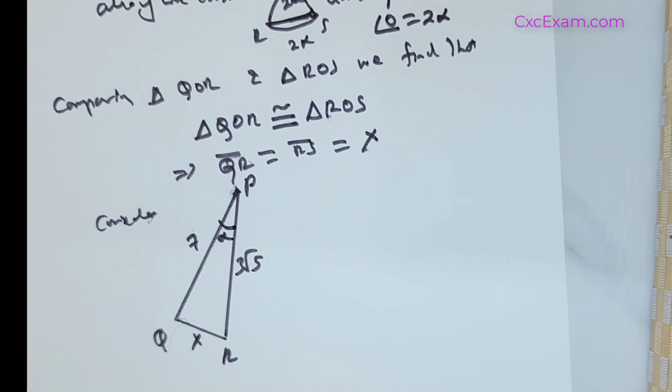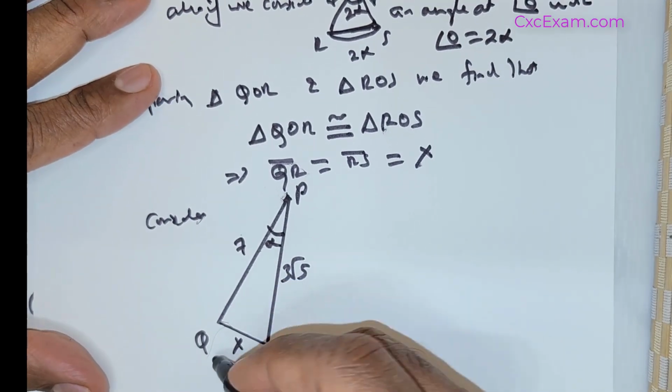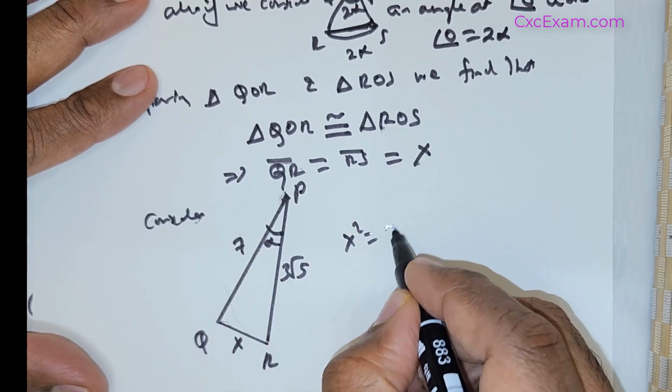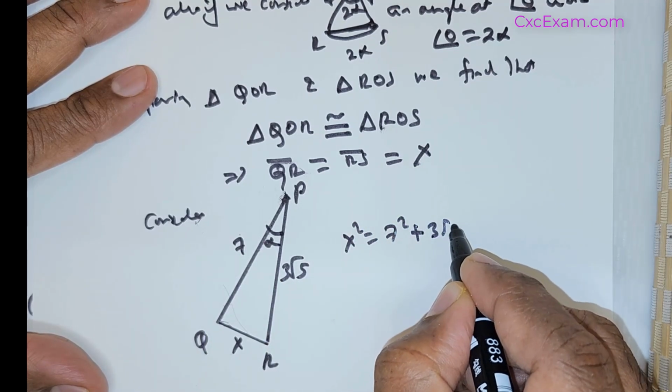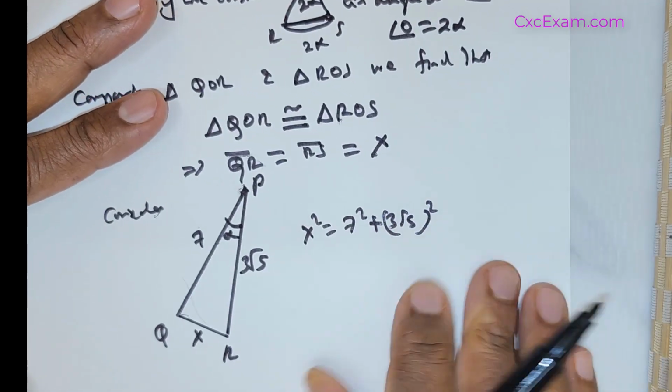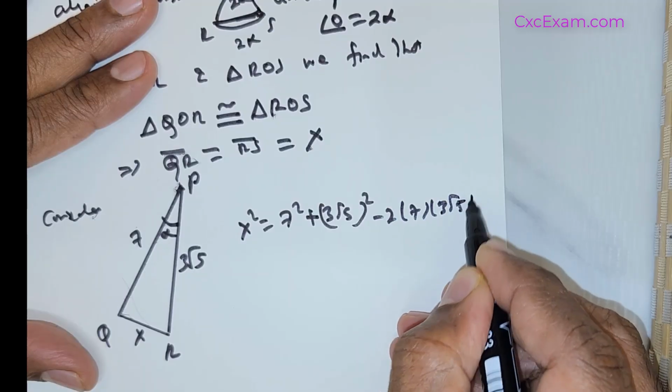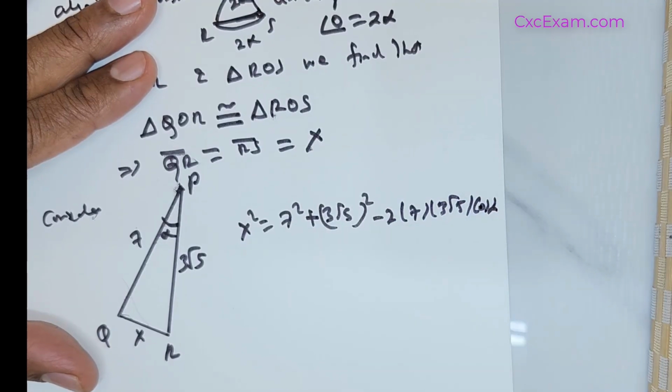So x squared is equal to 7 squared plus (3 root 5) squared minus 2 times 7 times 3 root 5 times cos alpha.